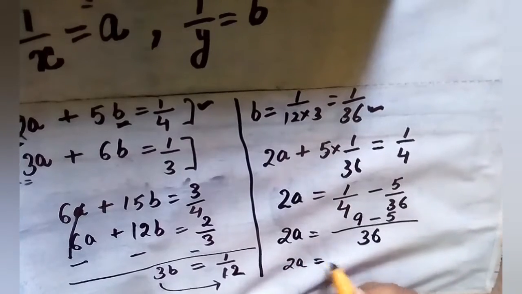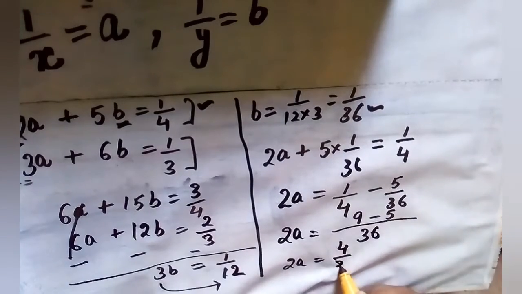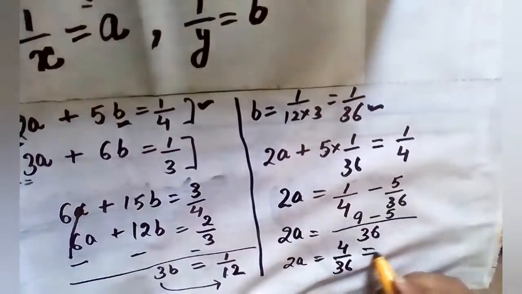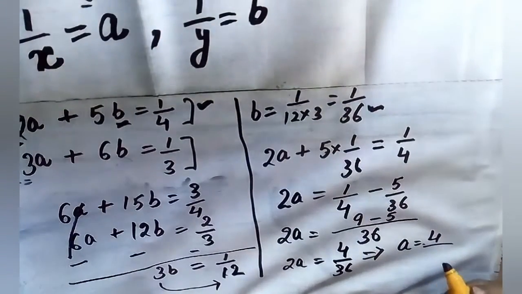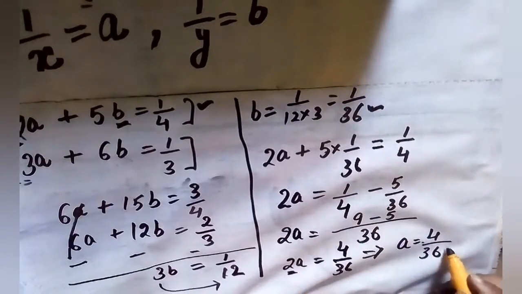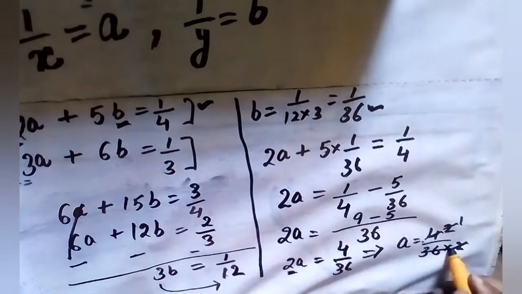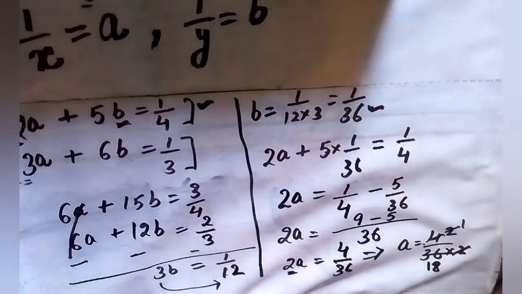So 2a equals 4 upon 36. From here a will be 4 upon 36 multiplied by 1 upon 2, since 2 goes in divide. 2 twos are 4 and 2 eighteens are 36. So the value of a is 1 upon 18.